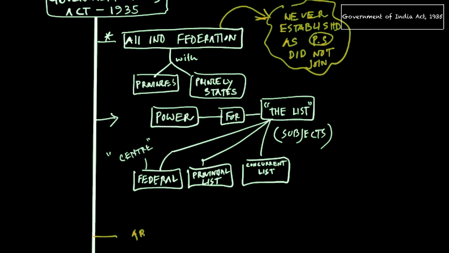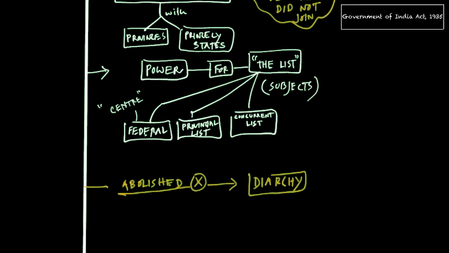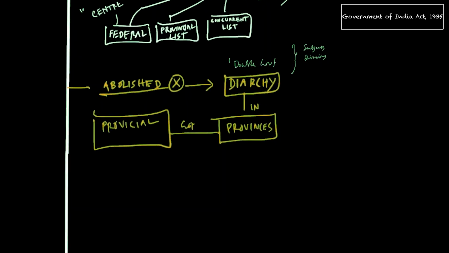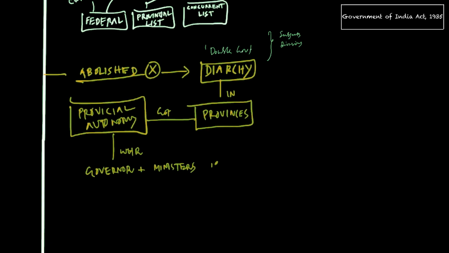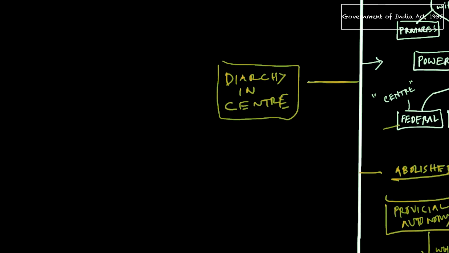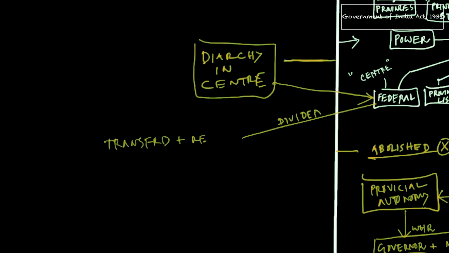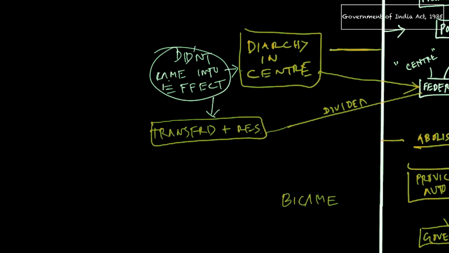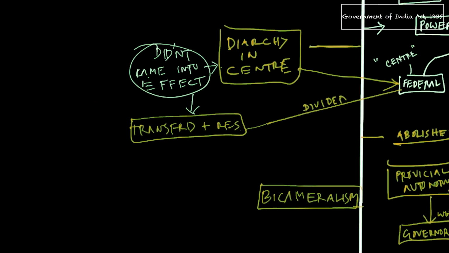It abolished diarchy in provinces, and provinces got autonomy, where the governor and ministers are responsible to the legislature. The Act provided for adoption of diarchy at the centre. Consequently, federal subjects were divided into reserved subjects and transferred subjects. However, this provision of the Act did not come into operation at all.